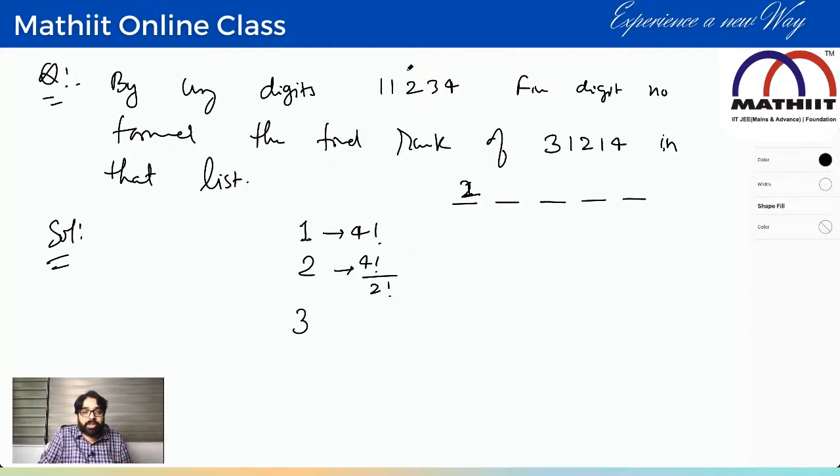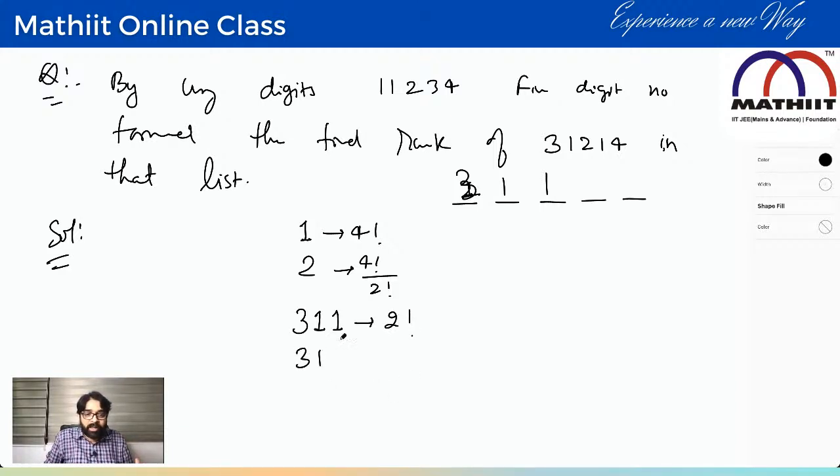After 3, according to this sequence, what is going to come first? 1. That is one of my sequence, so I will count further. After 3 1, what next can come? 1 can come. That is not my sequence, so I will count. So for 3 1 1, how many numbers are there? 2 factorial.